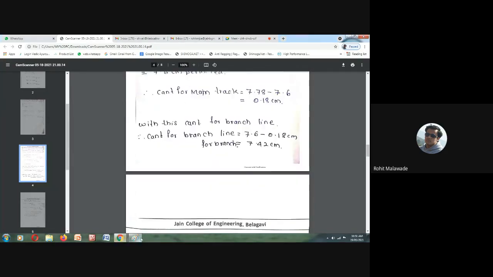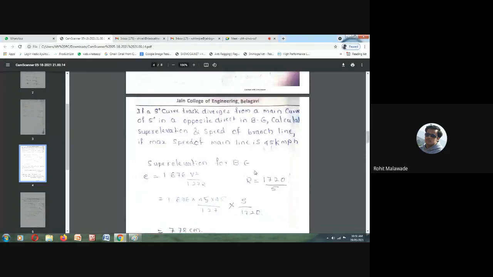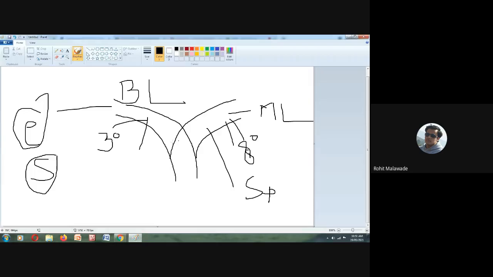Now, what I am interested in is to find out the E value and the S value. If the maximum speed on the main line is 45 kmph, here I know the degree, and I know the speed, that is 45 kmph for the main line.